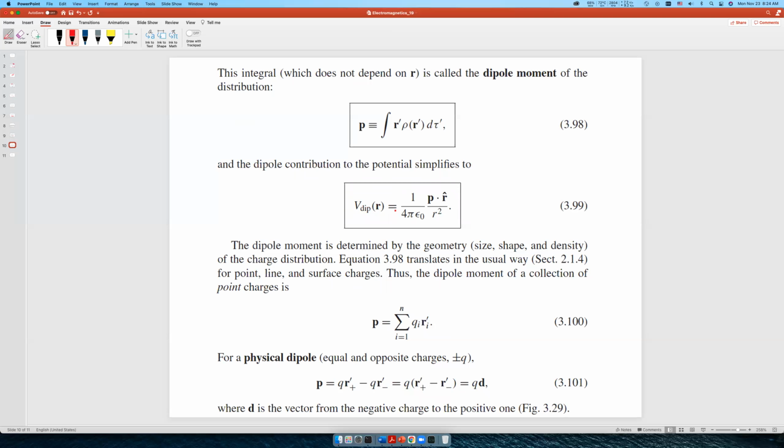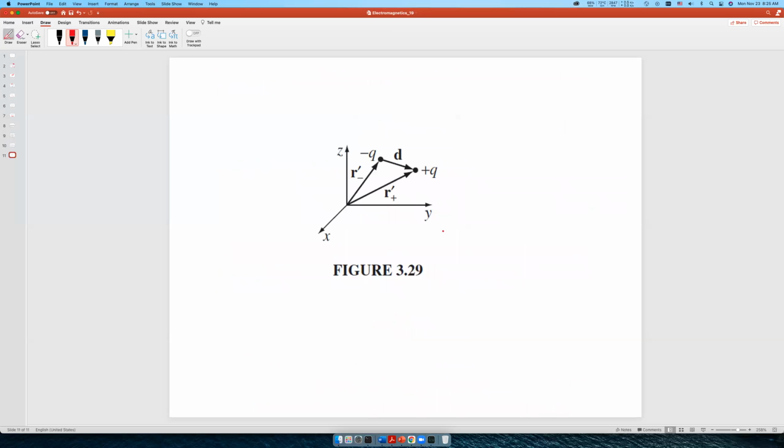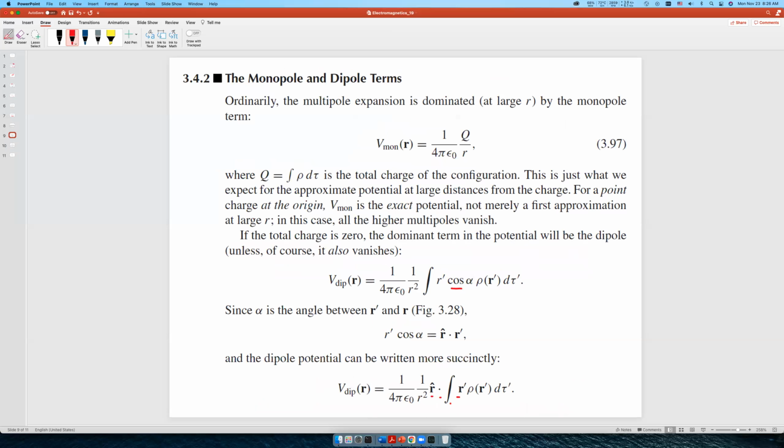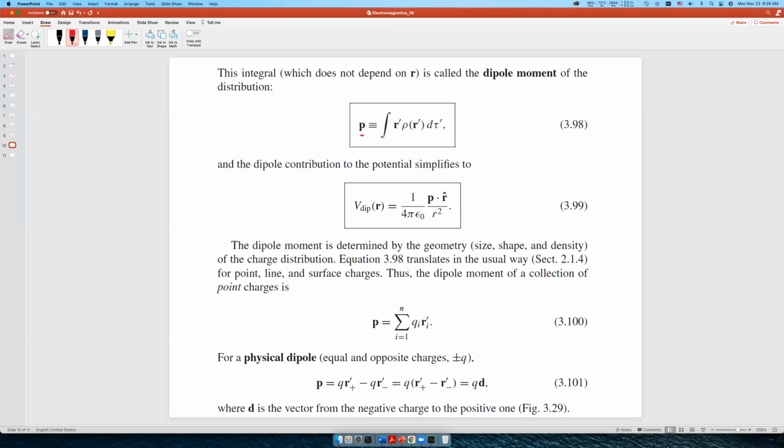The potential of a dipole equals 1 over 4 pi epsilon 0, p dot product the unit vector r-hat, over r squared. So what you did for this equation is you just substituted this term by p, which is the dipole moment. The dipole moment is determined by the geometry, which means the size, shape, and density of the charge distribution.